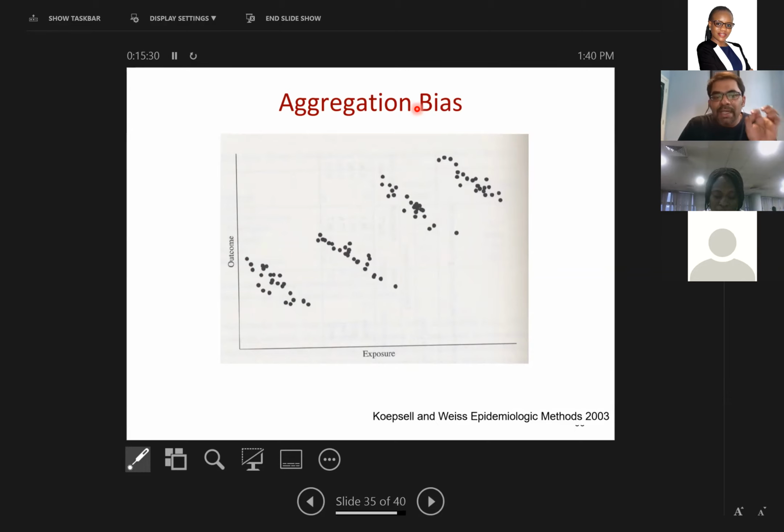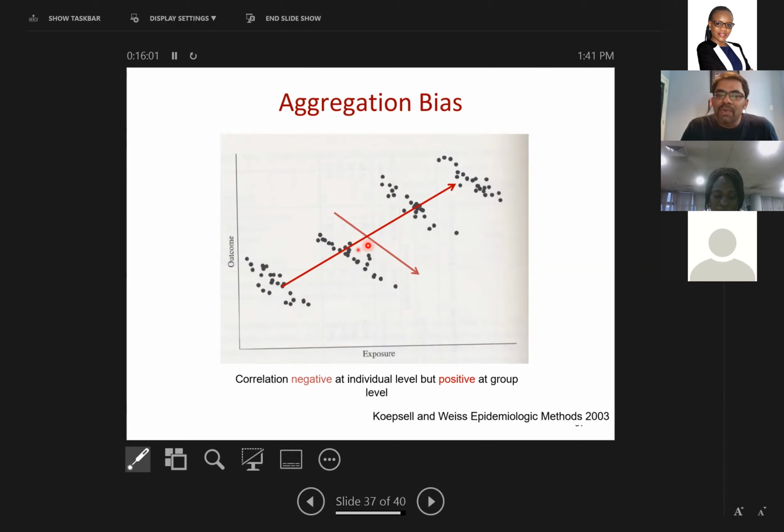So if you had studied these 4 countries separately, then you would have gone home saying across 4 countries, we are seeing that an increase in the exposure reduces the risk of the outcome, right? So far, so good. And that's the directionality, right? The correlation is negative at the individual level. But then if you now take these 4 countries and you reduce them into a dot each, right?